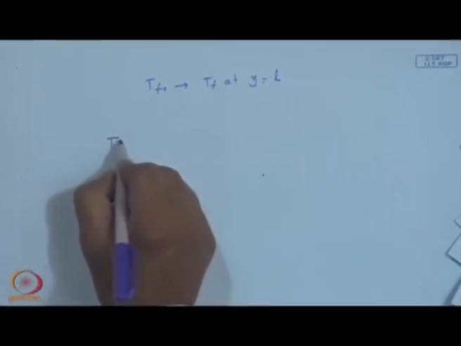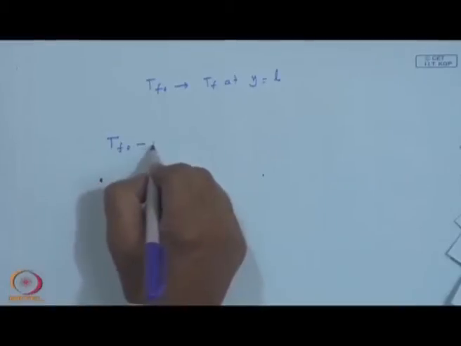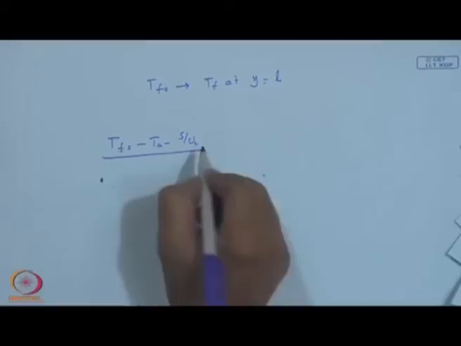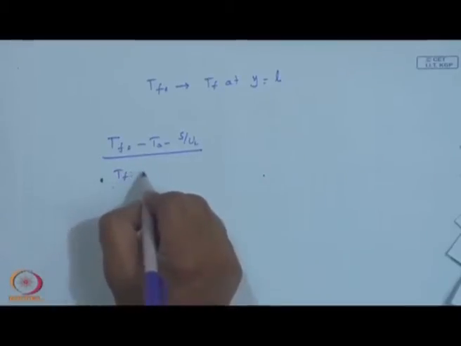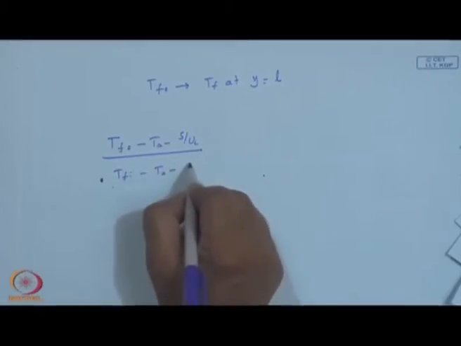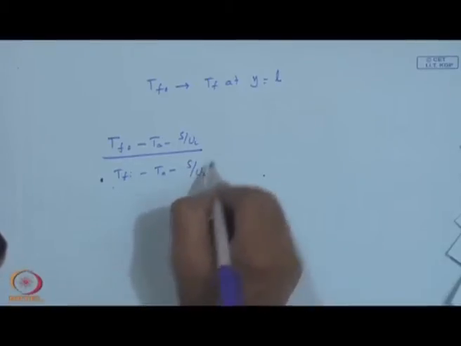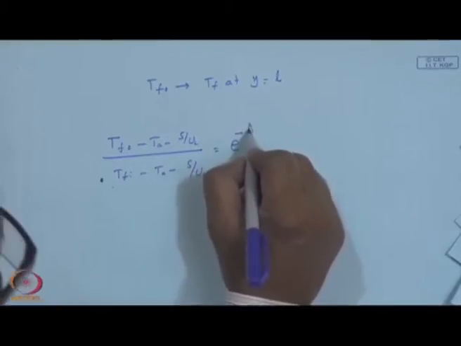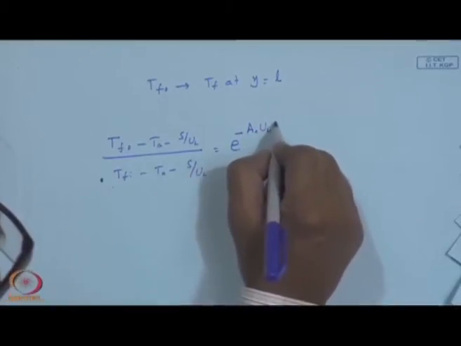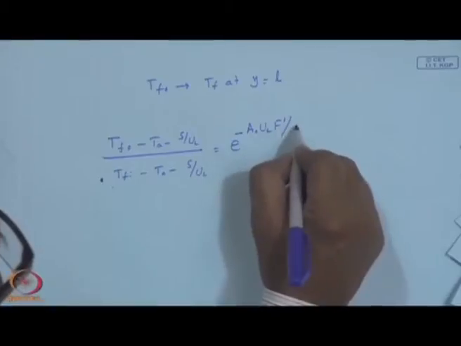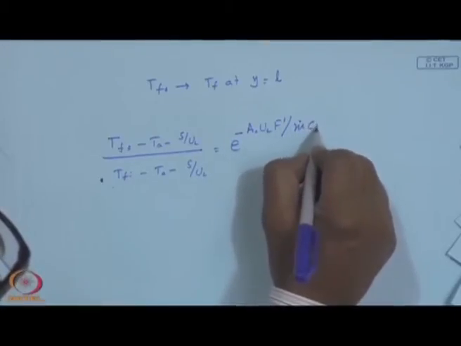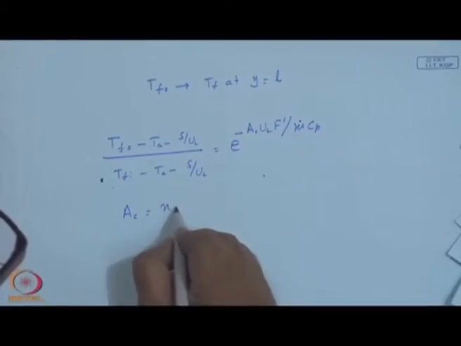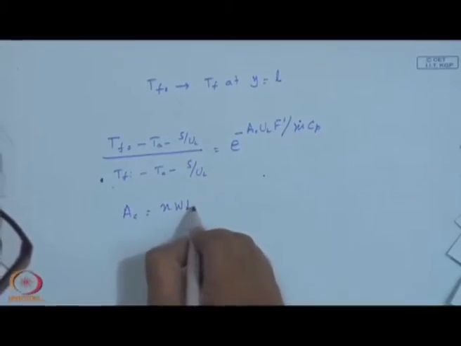So, that is given by T f o minus T a minus S upon U l upon T f i minus T a minus S upon U l should be equal to e to the power minus A c U l F dashed upon m dot C p. A c you will realize is nothing but n W into L.